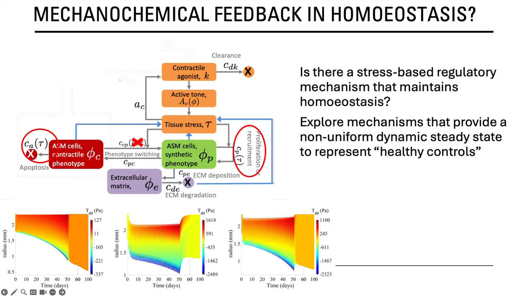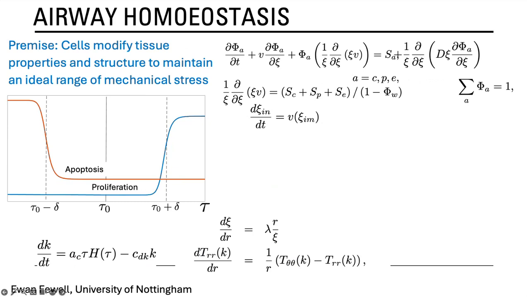So having removed the inflammation and exogenous agonist, we just make life a little bit simpler for ourselves and say that the stress-based mechanism only comes into play for proliferation and apoptosis. And so essentially what we do is we say, let's imagine our proliferation rates depend on circumferential stress in this way.